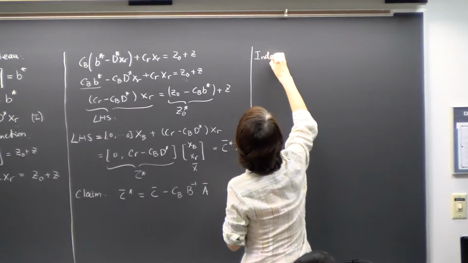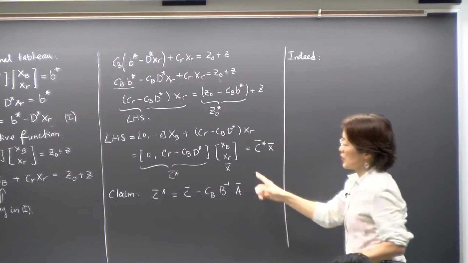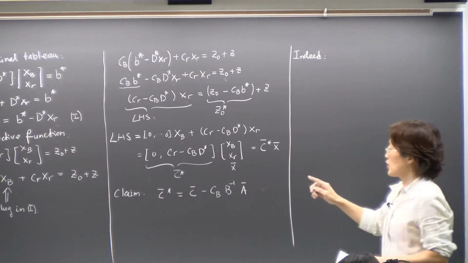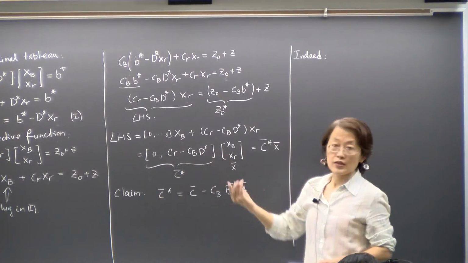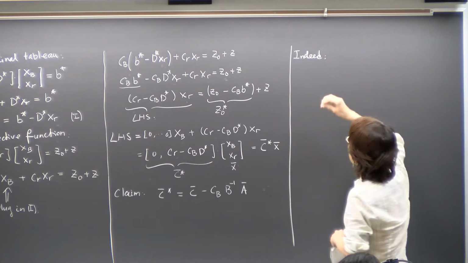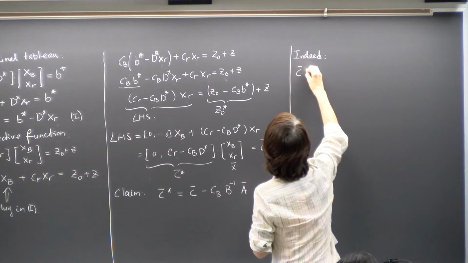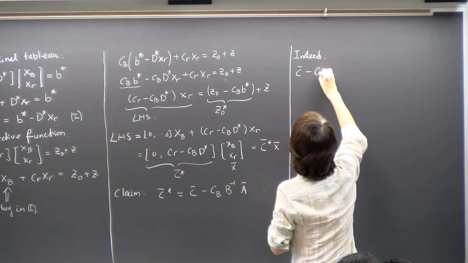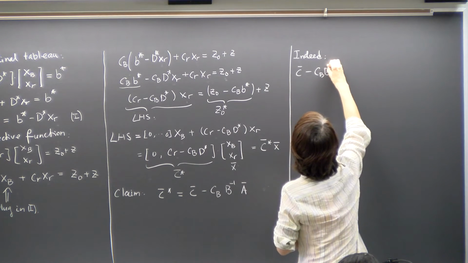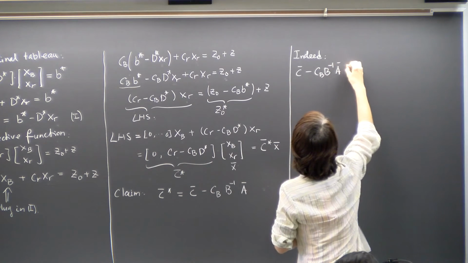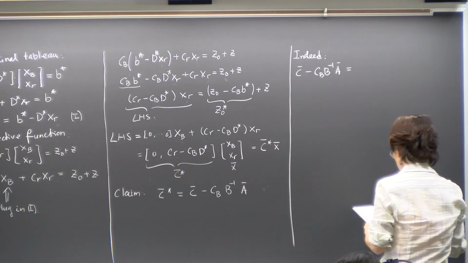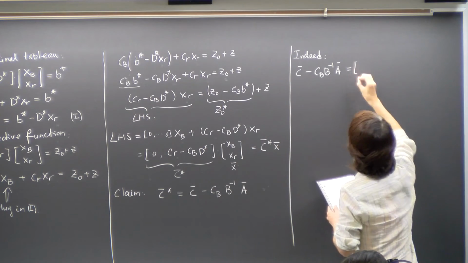Okay, I'll start from the right-hand side, and then I will show that it equals the left-hand side. So let's look at the right-hand side. C bar minus CB, B inverse A bar, what does that equal to? Well, what's the C bar?